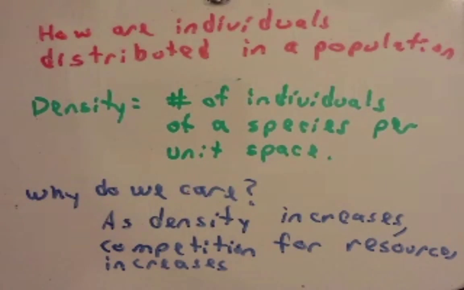So within that population, the larger it gets, there's less food available. There's less places for them to mate. There's less places for them to live. So all of these resources become limited.